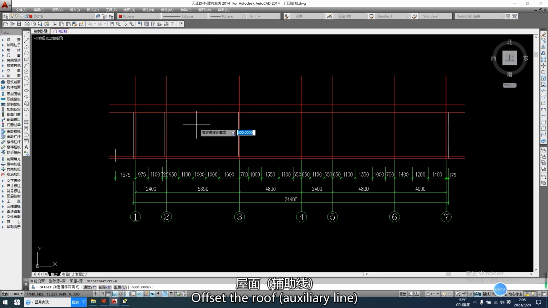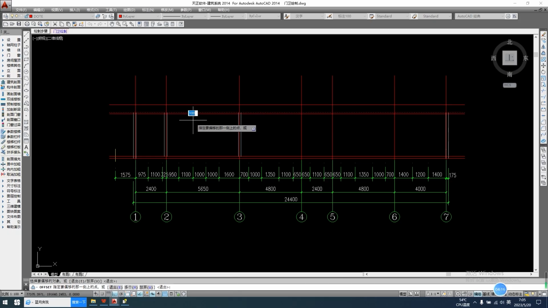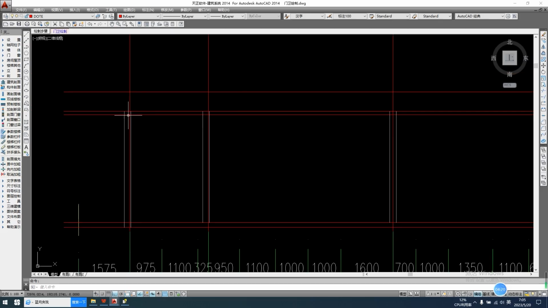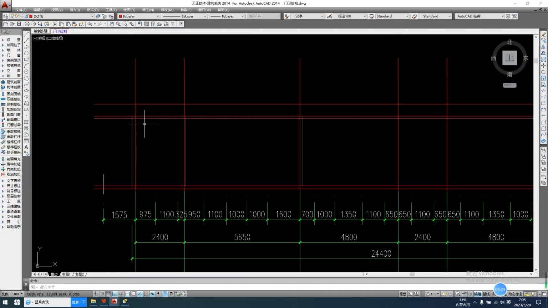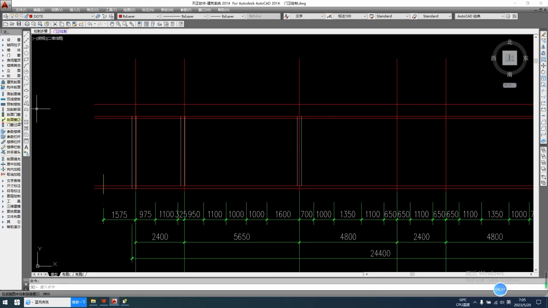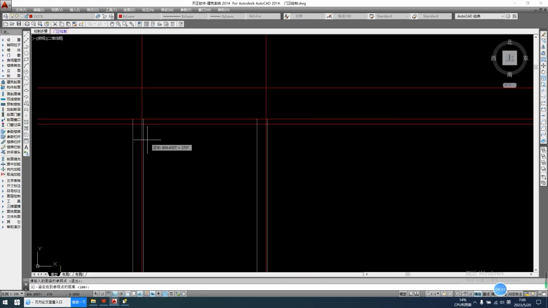Offset the roof auxiliary line by a thickness of 100 mm. On the left side of the section beam is 175, and on the right side is 75.